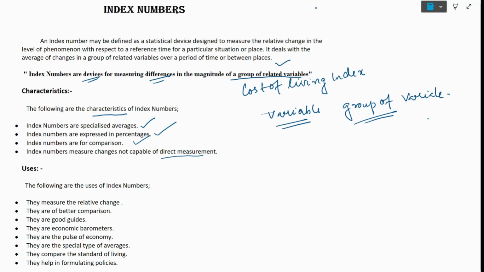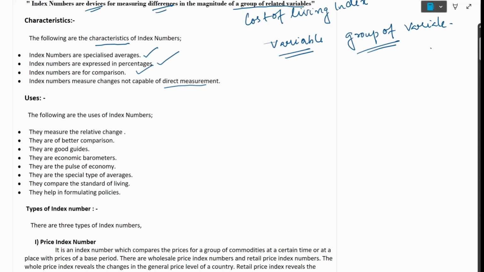Now, what are the uses of index numbers? Index numbers measure the relative change. They are for better comparison. They are good guides. They are called an economic barometer. That means index numbers are called economic barometers. They are the pulse of the economy because they always talk about prices, which is related to money.